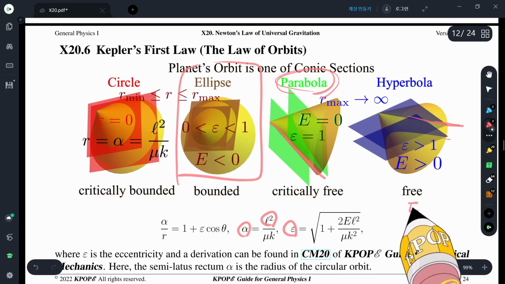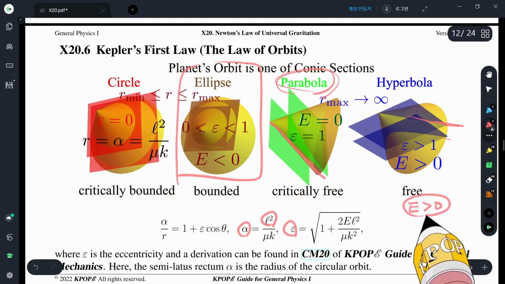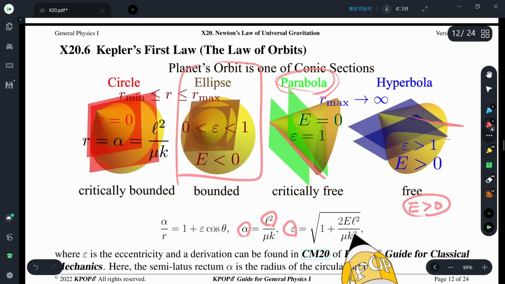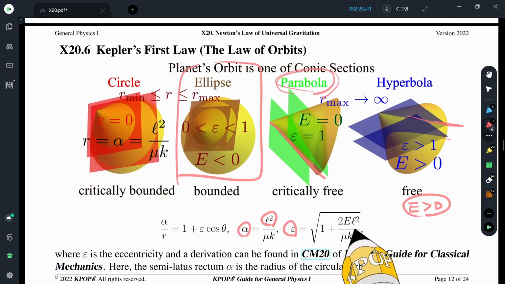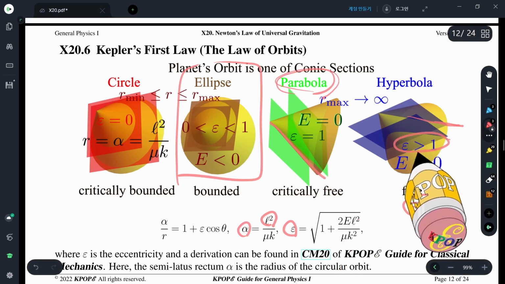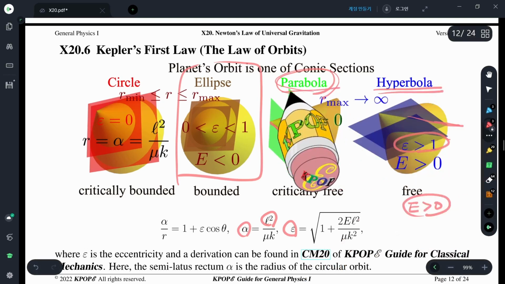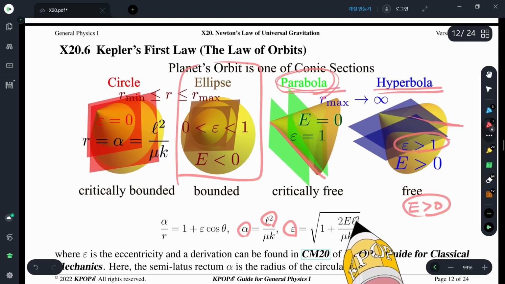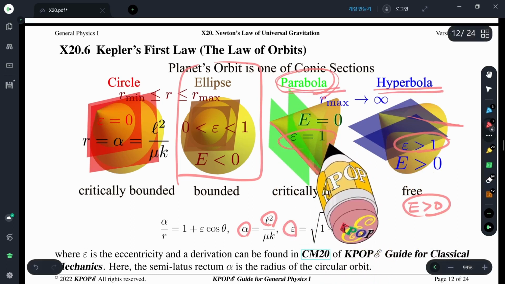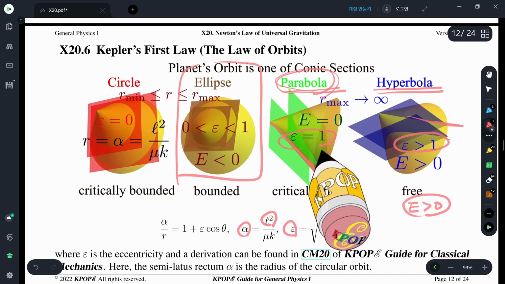When the energy is positive, the eccentricity becomes greater than 1. So epsilon is greater than 1 for a hyperbola. For a parabola, the energy is 0, so the eccentricity is exactly 1.